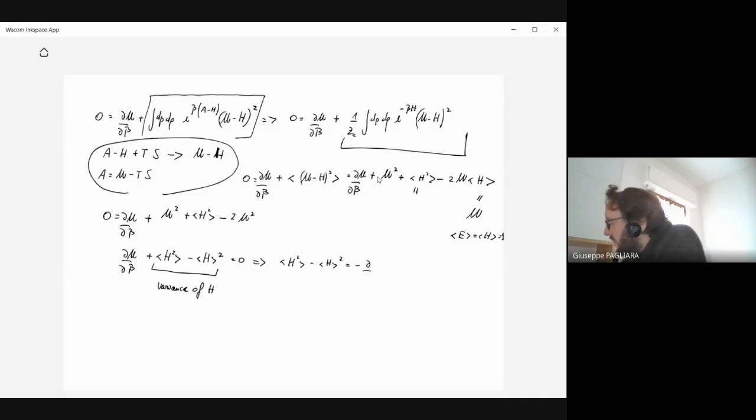Okay, so from this we get that h squared average minus average h squared is equal to minus the derivative with respect to beta of u, which is also minus the derivative of t with respect to beta times the derivative of u with respect to t. t is 1 divided by kb beta, so the derivative of t with respect to beta is, I think I've done this calculation already many times, minus 1 divided by kb beta squared, which means kb t squared.